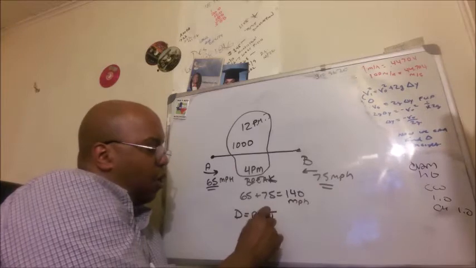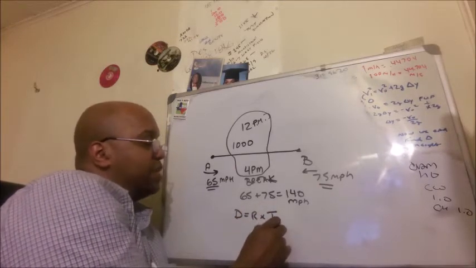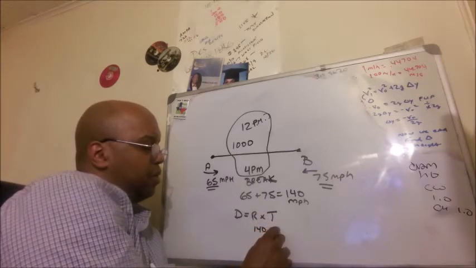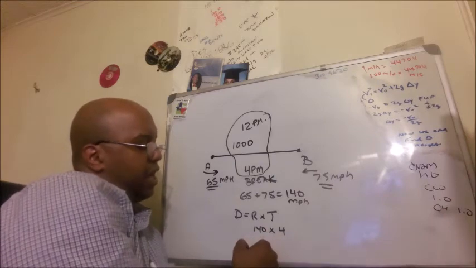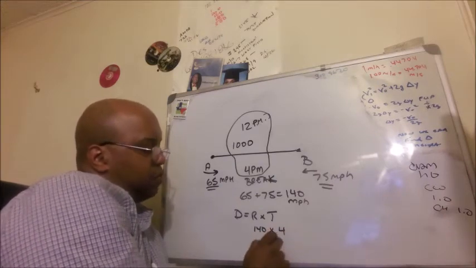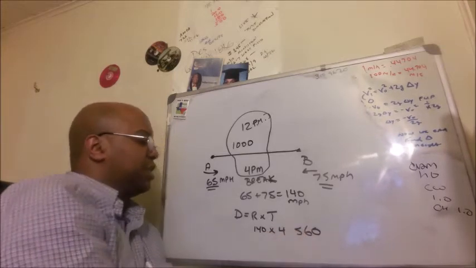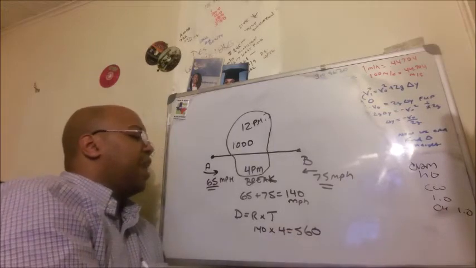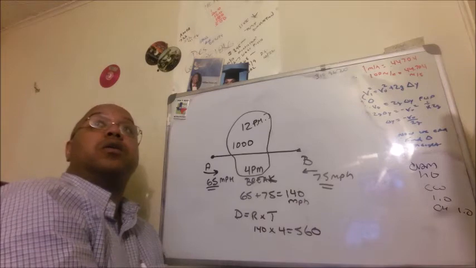That is never going to go away. The rate is 140. The time is 4 hours. So that is 560 miles. That is what they cover, not how far they are apart.